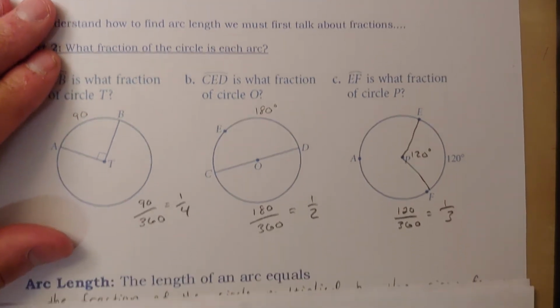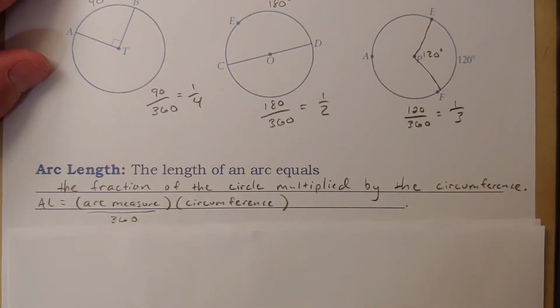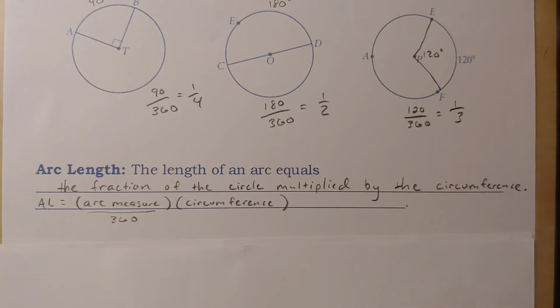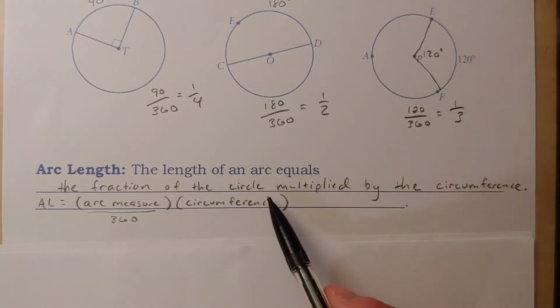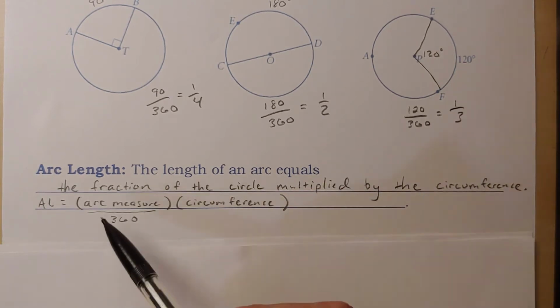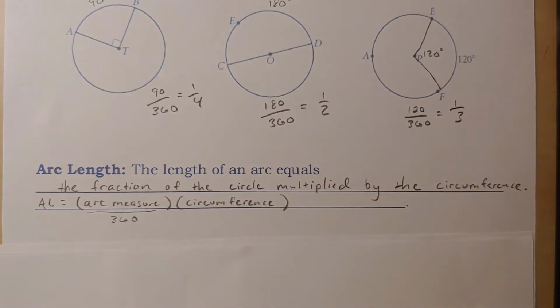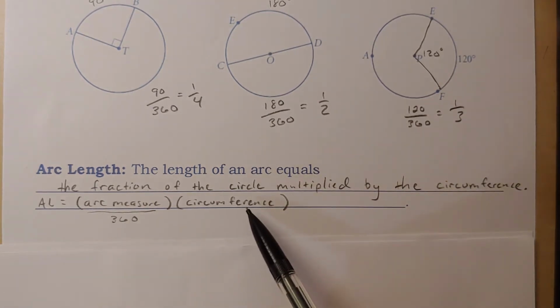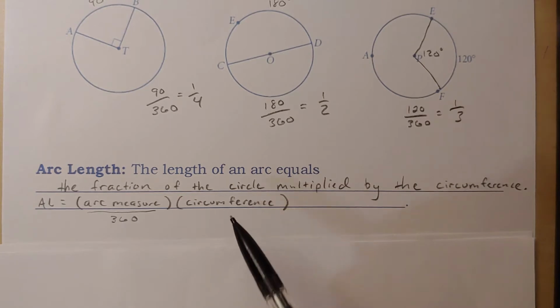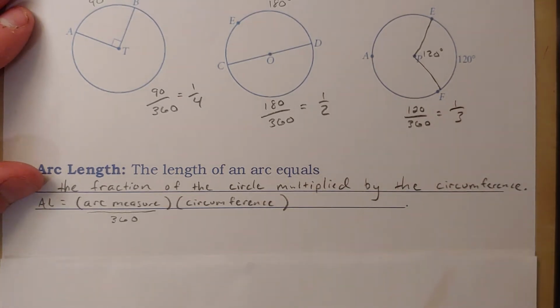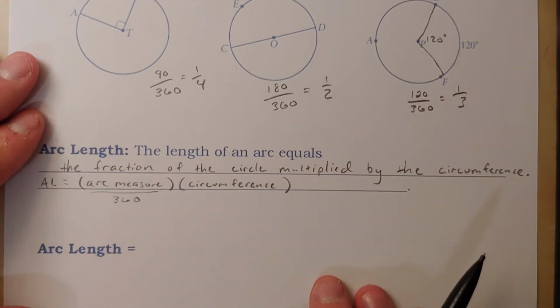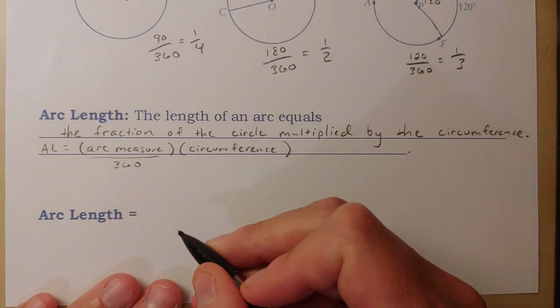That's our big idea: the arc length is equal to the fraction of the circle multiplied by the circumference. The fraction of the circle is equal to the arc measure over 360. The circumference is diameter times pi.